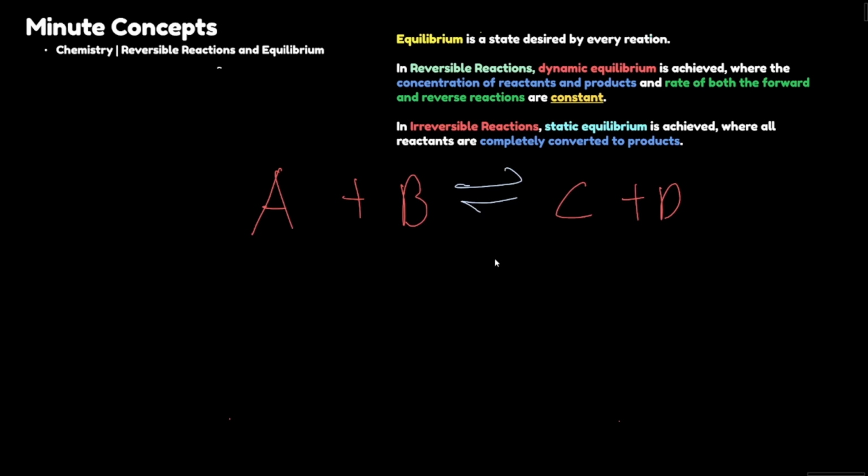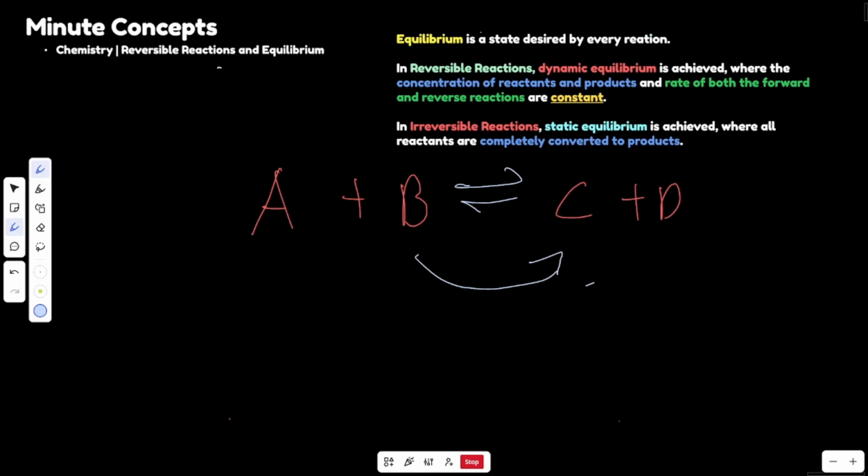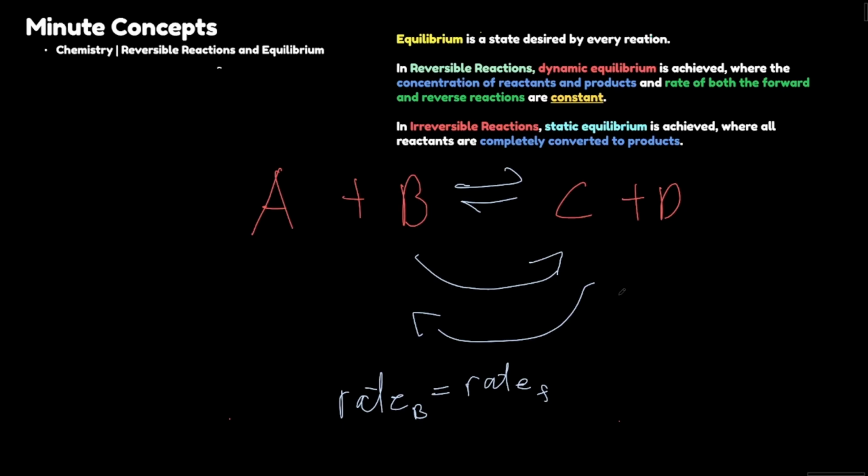Now, when it can go back and forth, dynamic equilibrium is achieved only when the rate of both the back and forth are equal. So we can say that the rate of the back reaction is equal to the rate of the forward reaction. And this also happens when we have the concentrations of the left and right side equal.